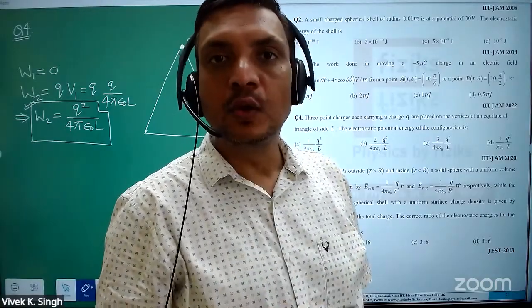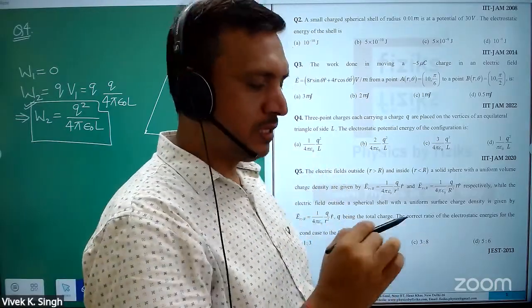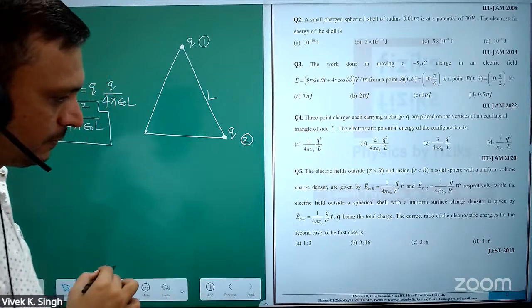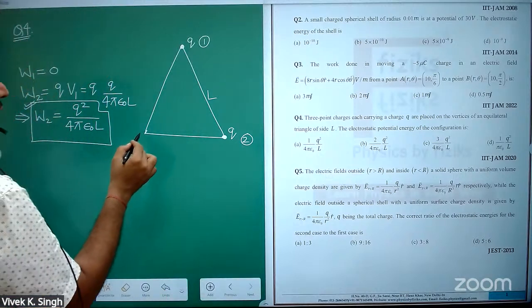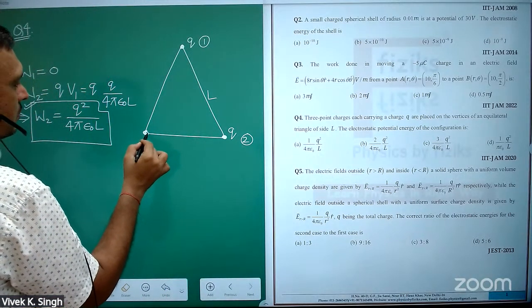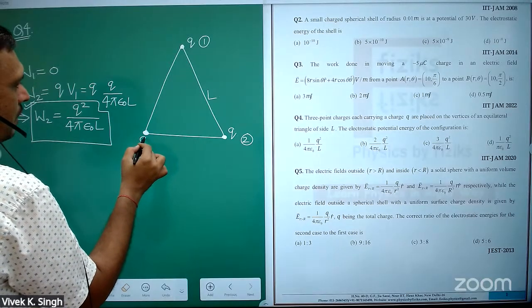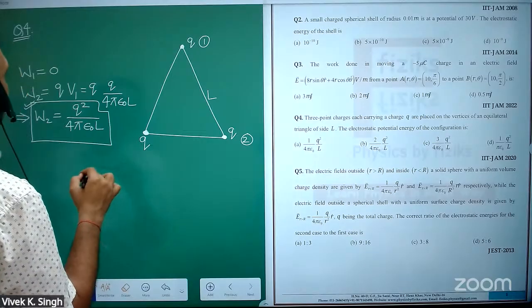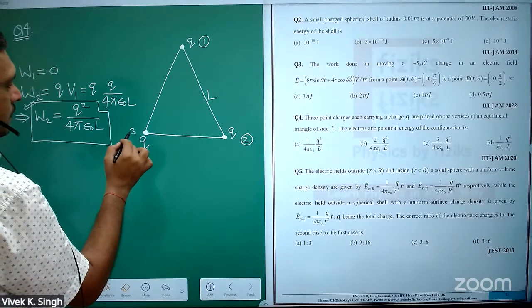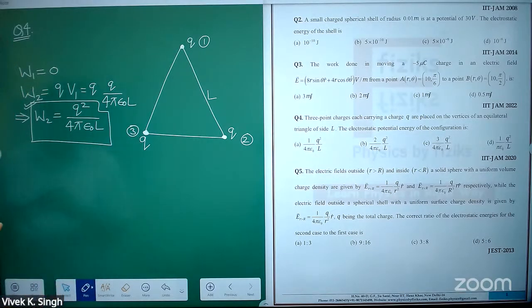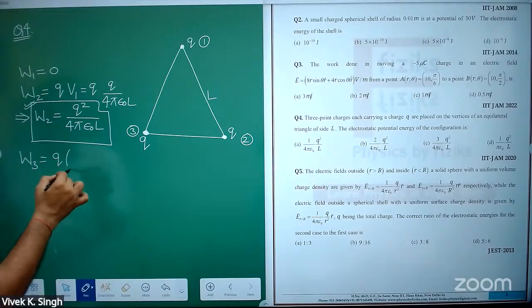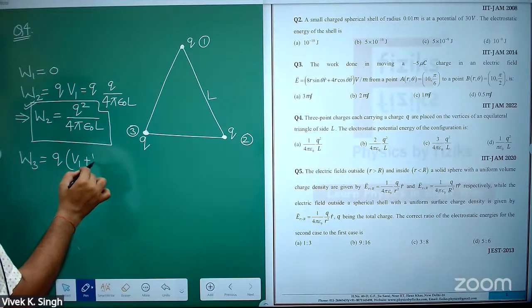You have to find total work done in assembling all charges. That is the electrostatic energy. Now you have the third charge. So when you place the third charge, work done is given by Q into V1 plus V2.